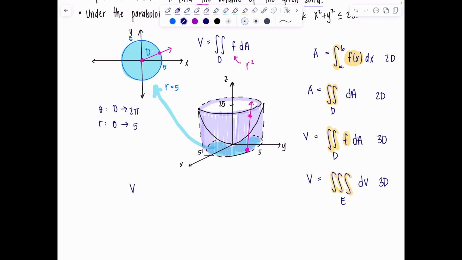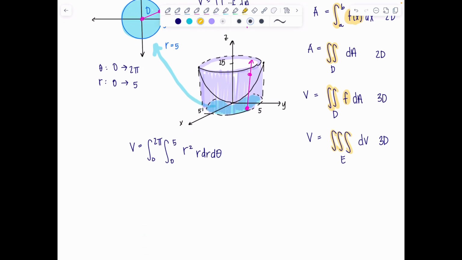So volume's going to be the integral 0 to 2 pi, 0 to 5, r squared, r dr d theta. Can we split this up? We certainly can. In fact, let's use the ultimate shortcut. There's no thetas. So get rid of the d theta, slap on a 2 pi minus 0, right?